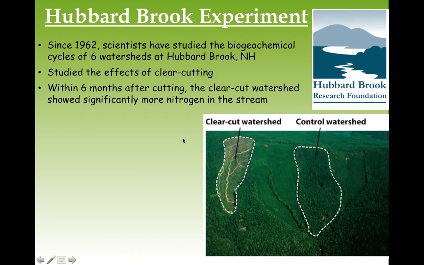So they studied the effects of clear cutting, and so here's a clear cut watershed here, and there's the control that wasn't clear cut. Within 6 months after the cutting, the clear cut watershed had significantly more nitrogen in the stream. Okay, so basically in the watershed where there were no trees, the stream had a lot more nitrogen.